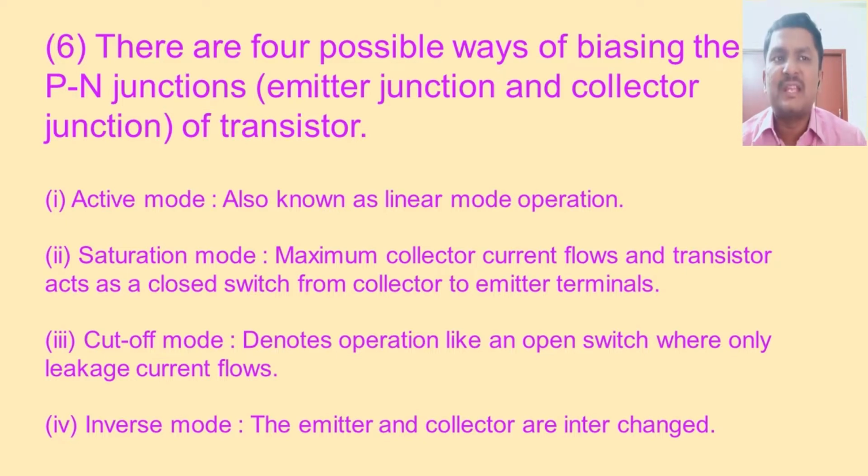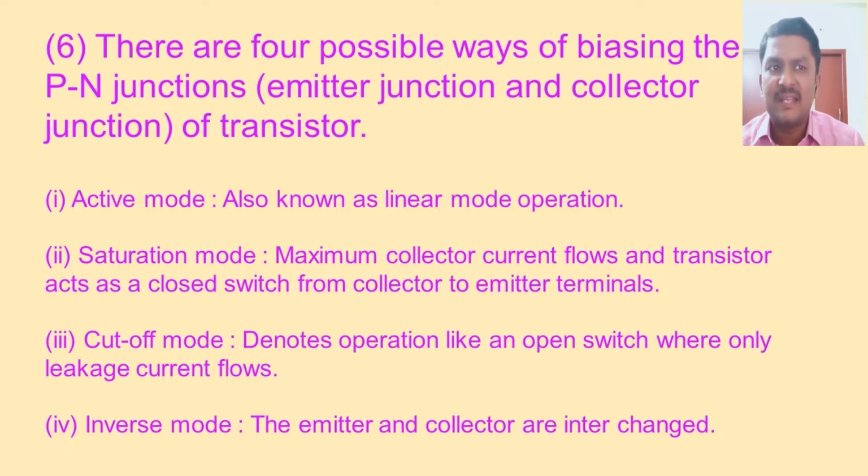The first one is active mode. This active mode is also known as linear mode operation. And second one is saturation mode. In this saturation mode, maximum collector current flows and transistor acts as a closed switch from collector to emitter terminals.